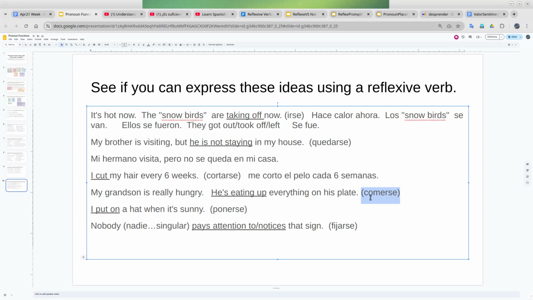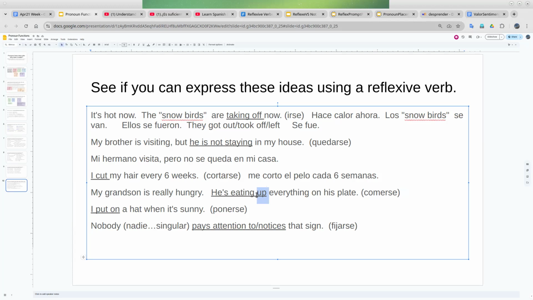We've got an English verb that is gobble. There are a lot of slang terms we use for somebody who inhales their food. That's comerse. Somebody who eats super fast or devours everything off the plate, like licks it clean. And this idea of eat up, well, that doesn't make sense in English either. How do you eat up?